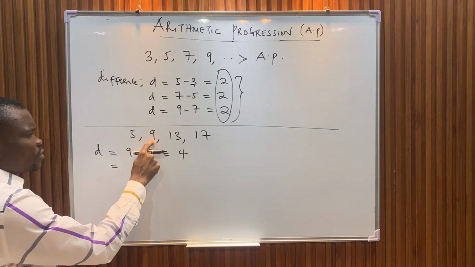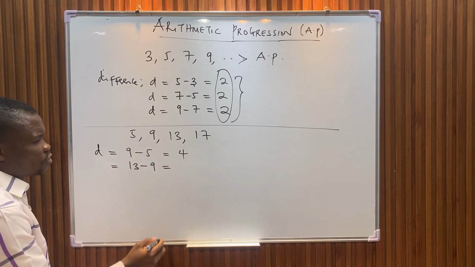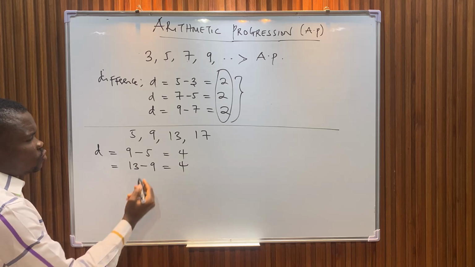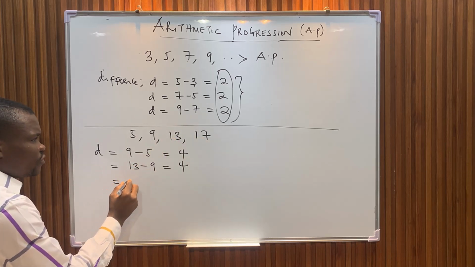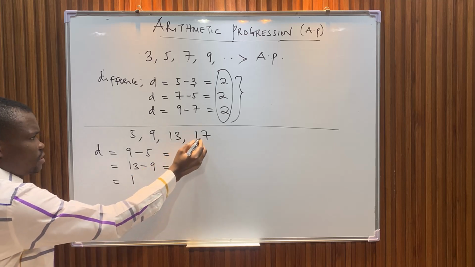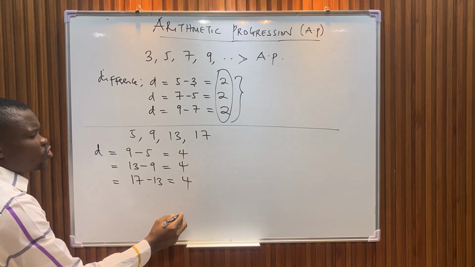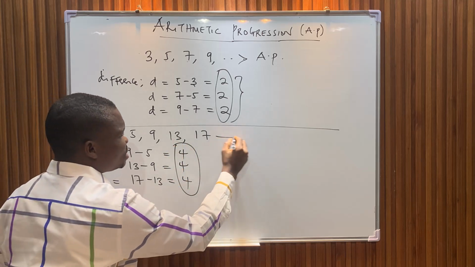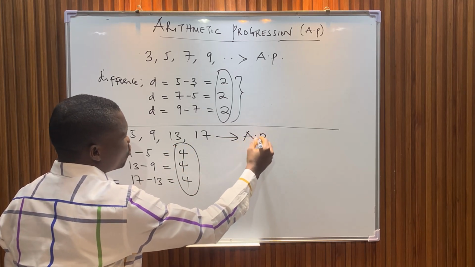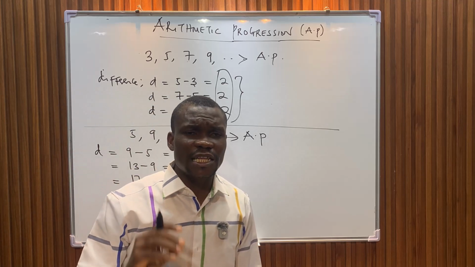Third term minus second term is 13 minus 9, and that gives us 4. The fourth term minus the third term is 17 minus 13, and that's 4. You can see that the difference is common among them. So this sequence is an arithmetic progression, because arithmetic progressions are sequences that have a common difference.